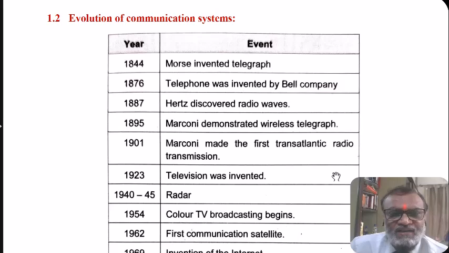In 1901, Marconi made the first radio transmission device. Television was first invented in 1923, whereas in India, the first application of television we found in the era of 1970 onward.